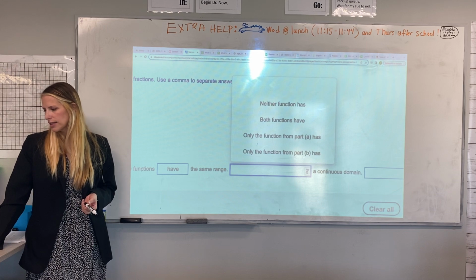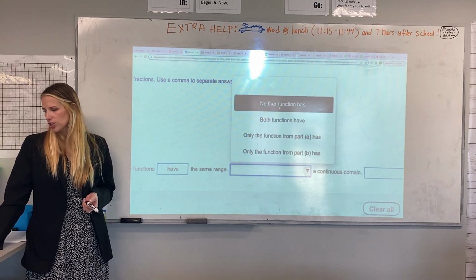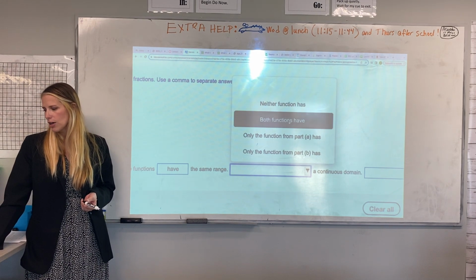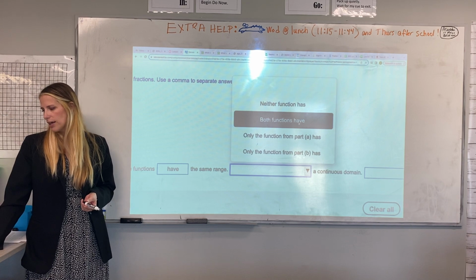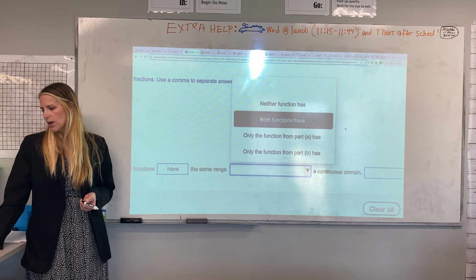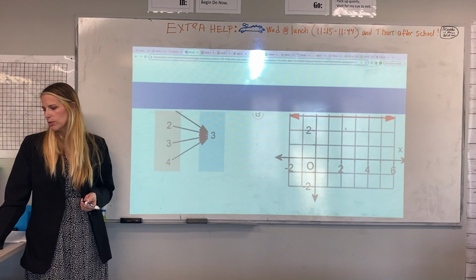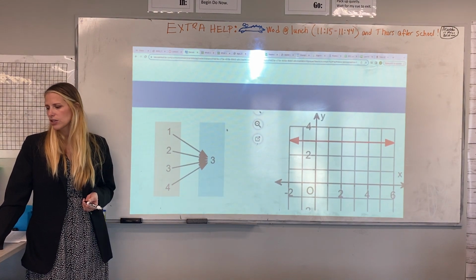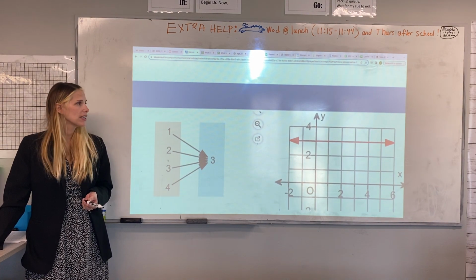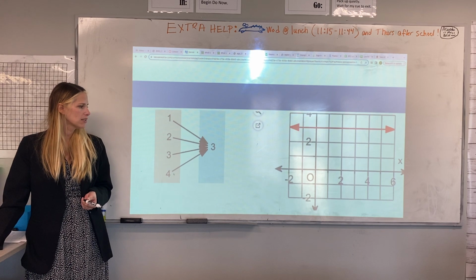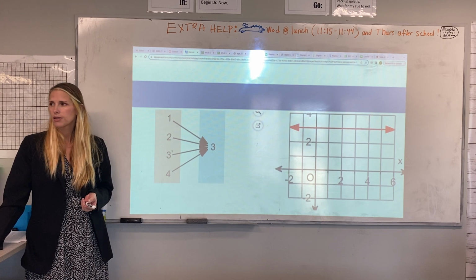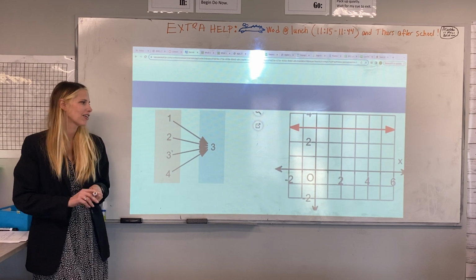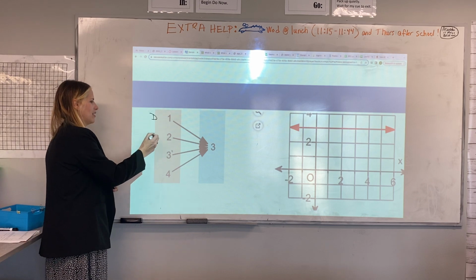Next, blank a continuous domain. Neither function has a continuous domain, or both functions have a continuous domain. Okay, so let's look at continuous or discrete. Is the domain for this one continuous or discrete? Discrete, very good.